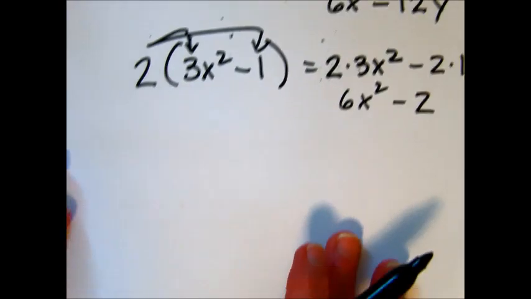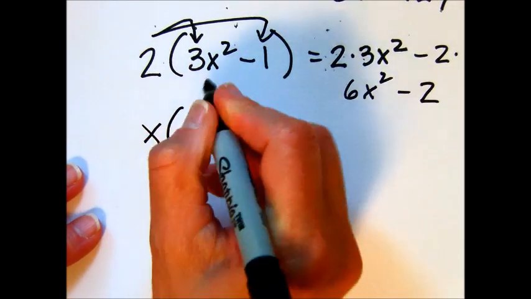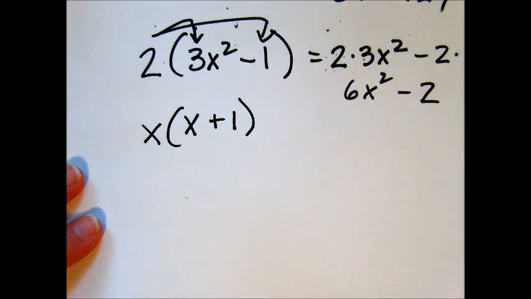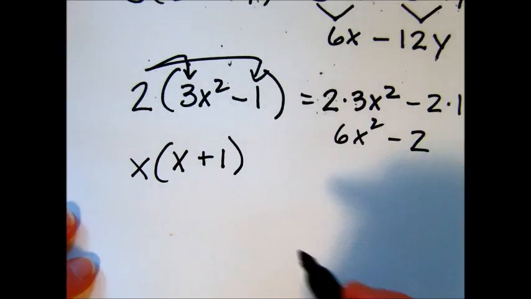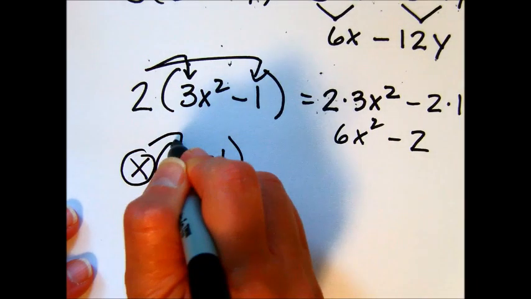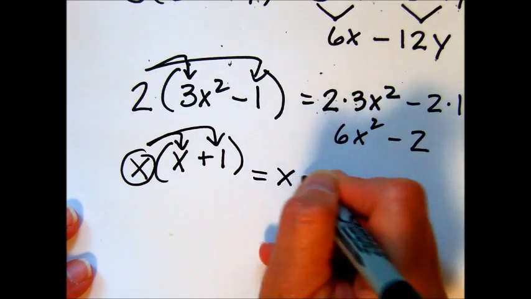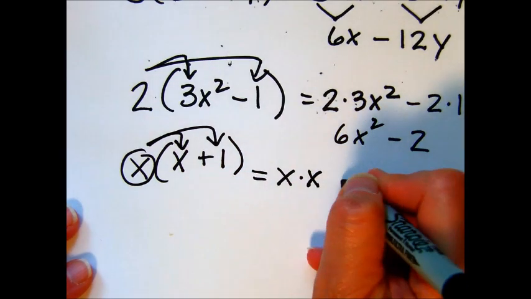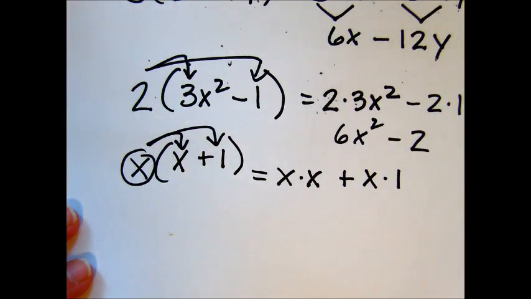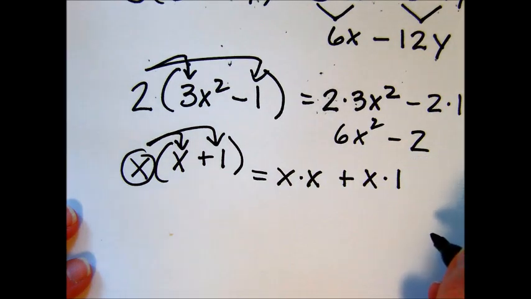Let me give you an example of that real quick. Let's say we've got x times the quantity of x plus 1. Like before, we're just going to take this factor and we're going to multiply it to each part. So x times x, and I'll write it out first, plus x times 1. Now, think about what x times x is.